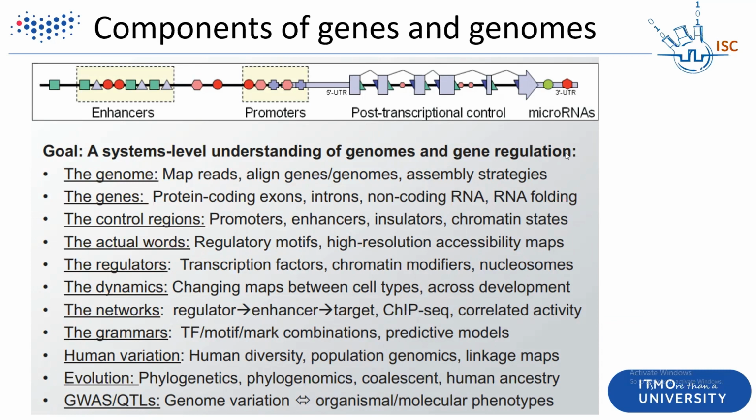So here is a representation of different components that you have to analyze genes and genomes. For the standard gene, you have the structure as it is represented here. You have the enhancers, promoters, post-translational control, and microRNAs.